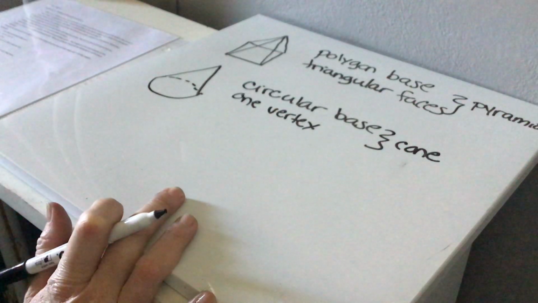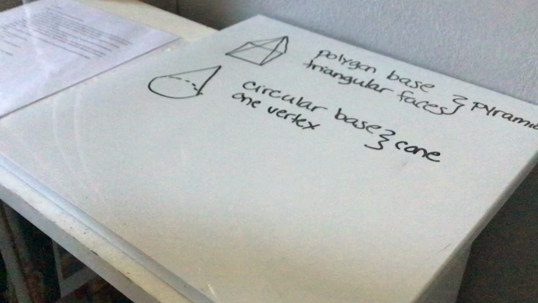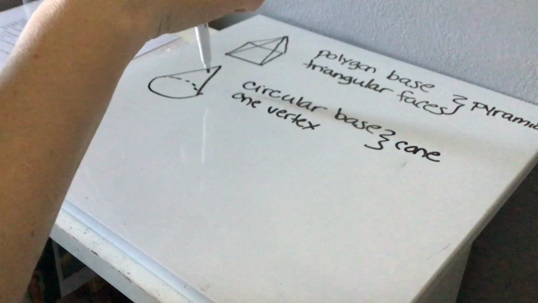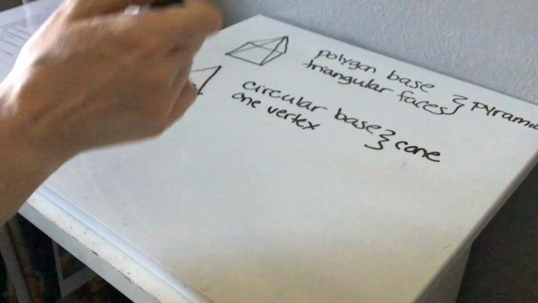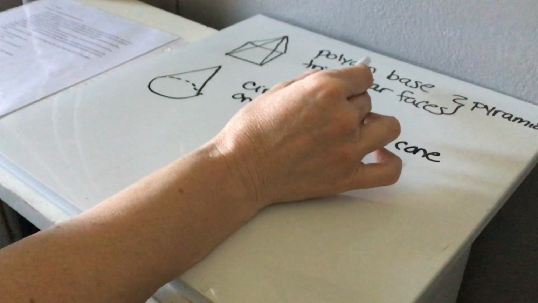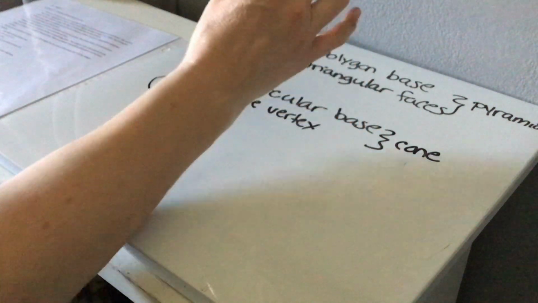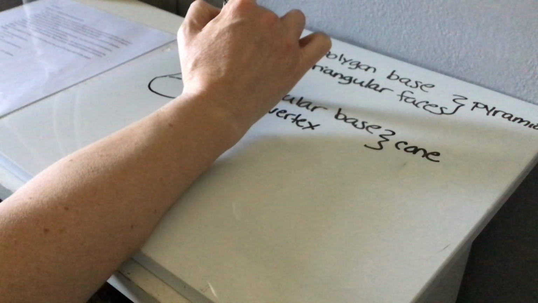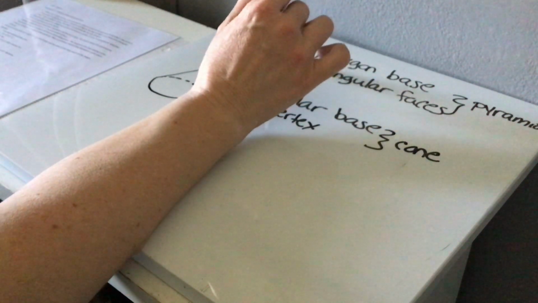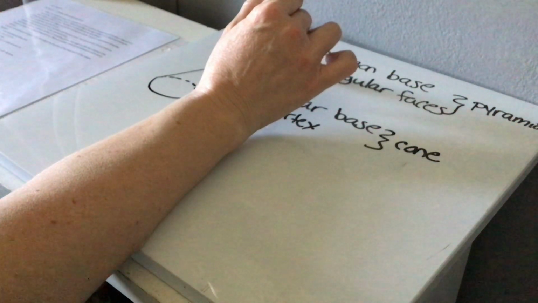So both cones and pyramids have a flat base and then they rise to a point, okay? On a cone, the lateral face is a curved surface. For a pyramid, the faces are all triangles. When you look at both of these, for a pyramid, it's going to take 3 pyramids to fill in a corresponding prism.